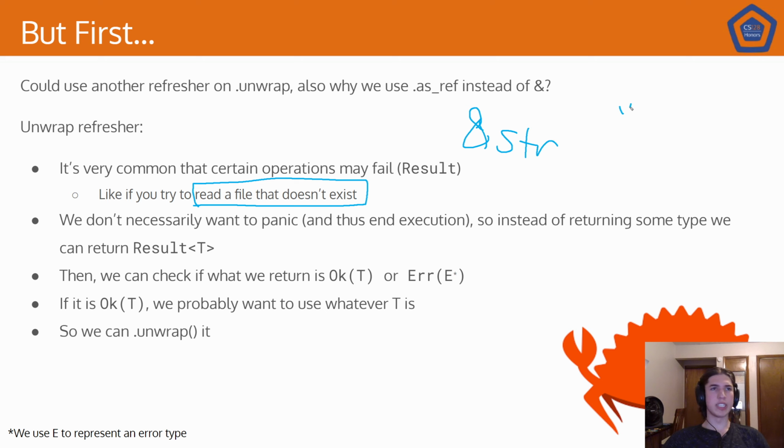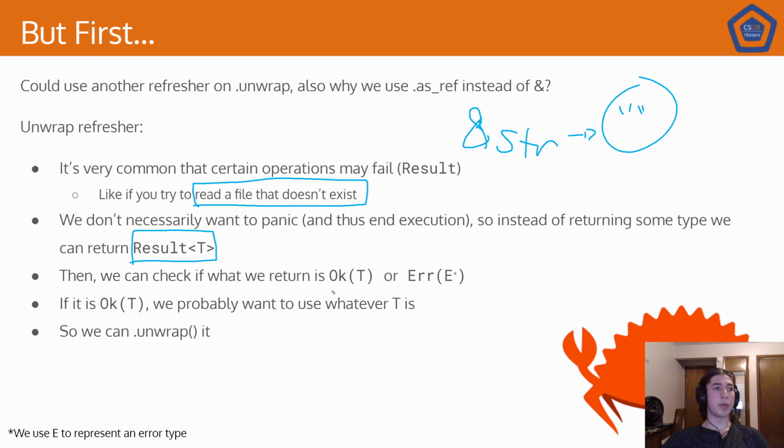If the file doesn't exist, it doesn't make sense to return an empty string, because an empty string would represent that the file does exist but has no text in it. And so what we can do instead is return Result<T>, the Result and then some template type.